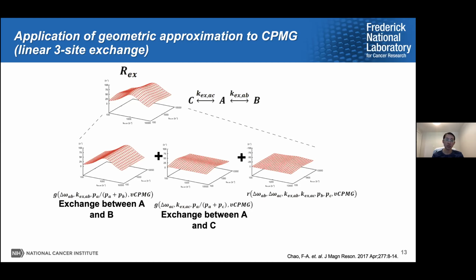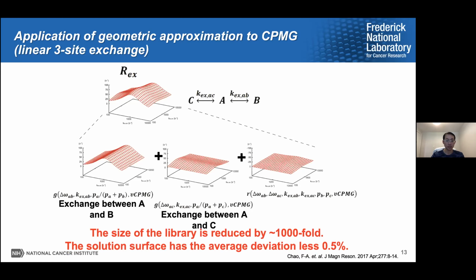So you can use a higher number of grid points on the lower dimension solution surface, while you can decrease the grid points in the higher dimension solution surface. So the size of the library can be reduced by 100,000-fold, and we still maintain the average error from this solution surface to the true numeric integration at less than 0.5%.